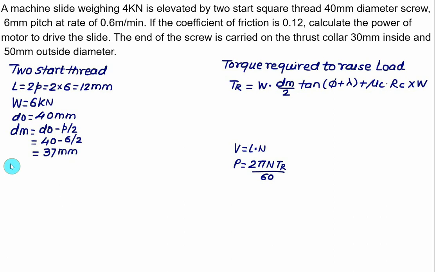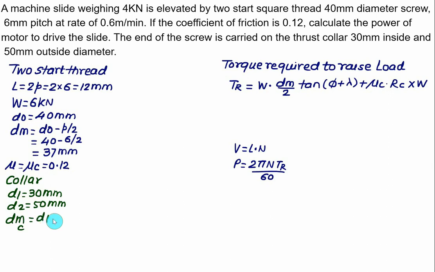Only one friction is given, so we have mu is the same as mu c is equal to 0.12. And we have given here the collar dimension, d1 is equal to 30 mm and d2 is equal to 50 mm. So we can calculate here the mean diameter of collar will be d1 plus d2 divided by 2.